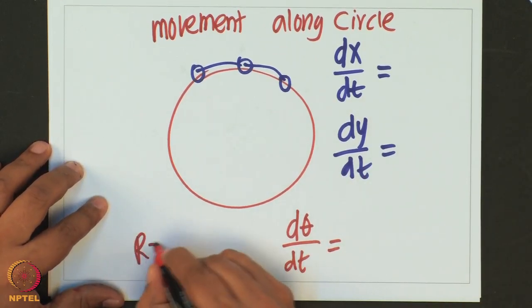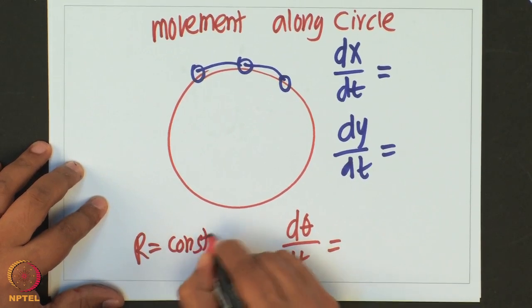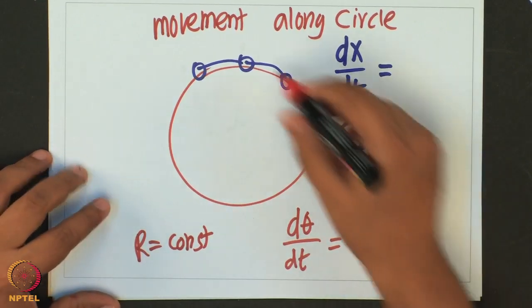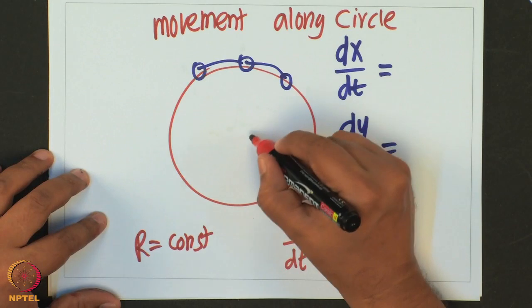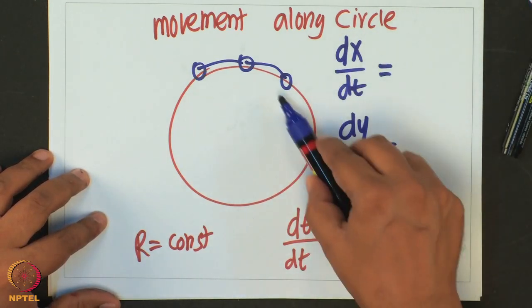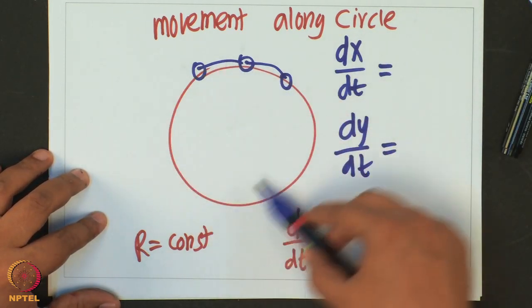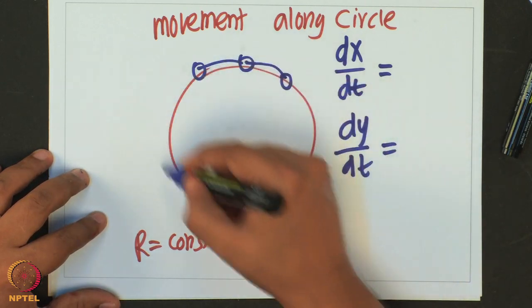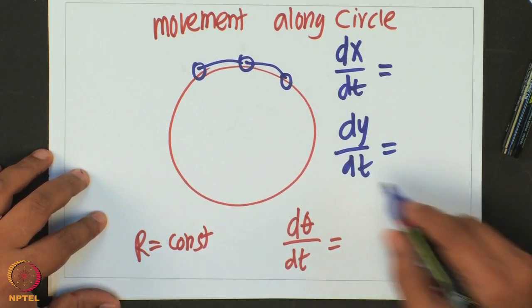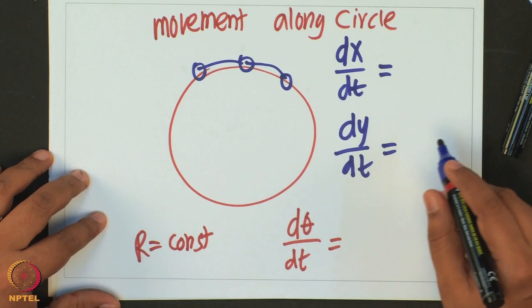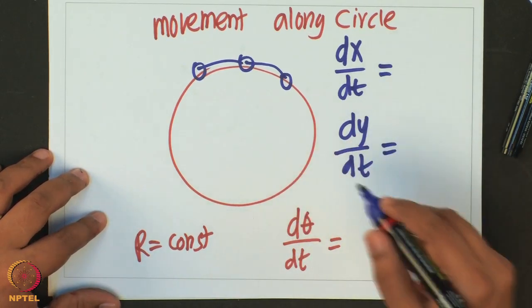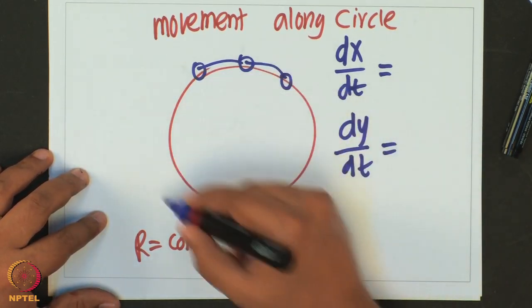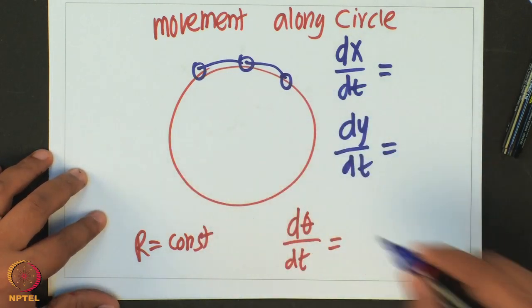Since r is constant, just by specifying that theta is varying from 0, 90 and so on, I can tell that the particle is moving from here to here, right? So just by specifying the angle as a function of time, I can specify the position of this particle along the circle.